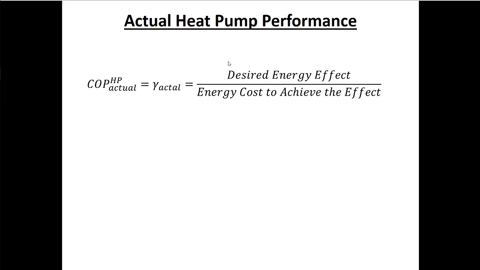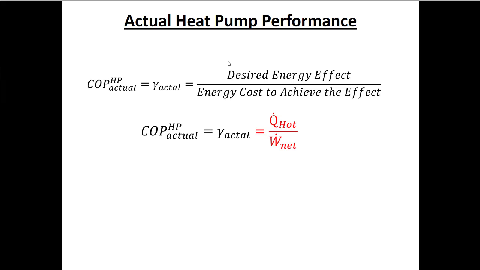So in a heat pump, we're sitting in the hot place and we're trying to heat it up. So for a heat pump, the energy benefit is heat going into the hot place, or Q dot on the hot side of the system. The cost is that we have to plug this thing into the wall and it's running some kind of compressor, so that it's consuming power.